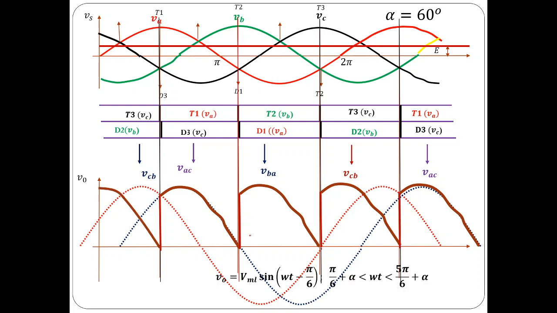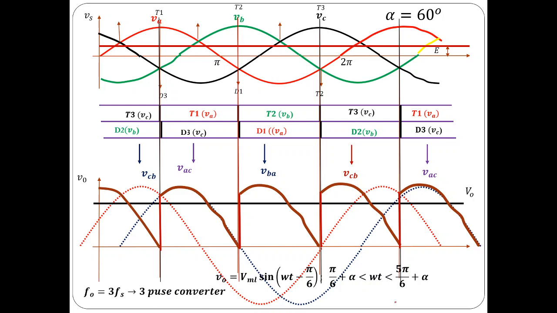And if you see, within completion of one cycle of supply voltage, we have 3 cycles completed by the output voltage. It is a 3 pulse converter. V0 is equal to VML sin omega t minus pi by 6, that is VAC, for pi by 6 plus alpha to 5 pi by 6 plus alpha.